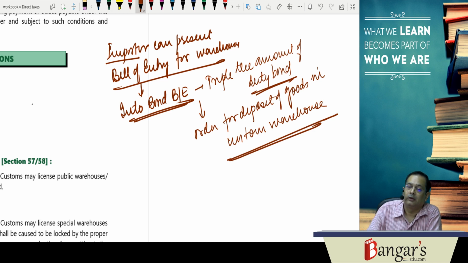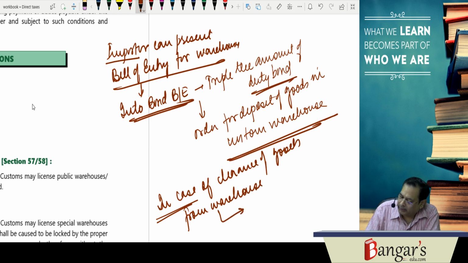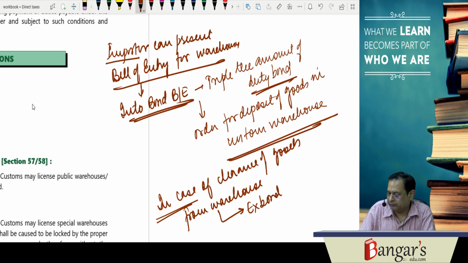Okay. And in case of clearance of goods from the warehouse, you have to present the ex-bond clearance bill of entry.